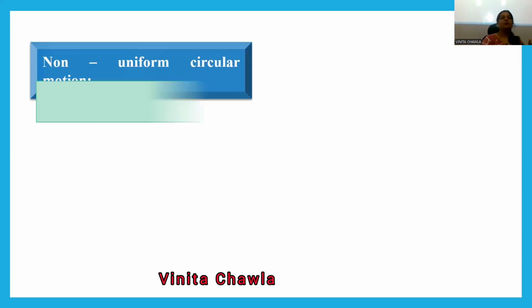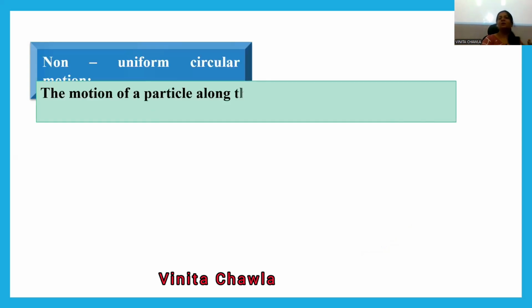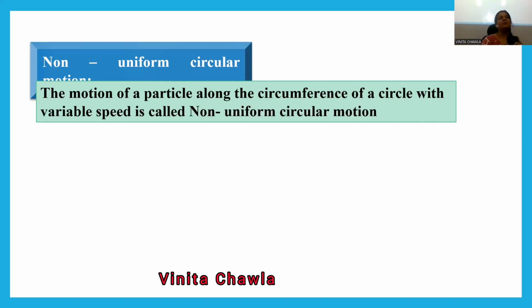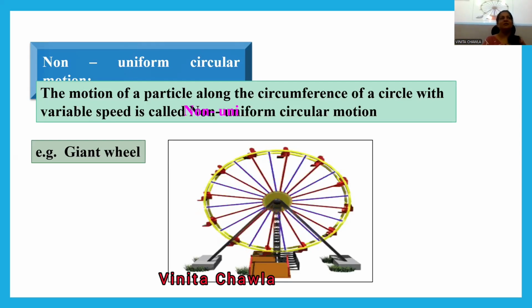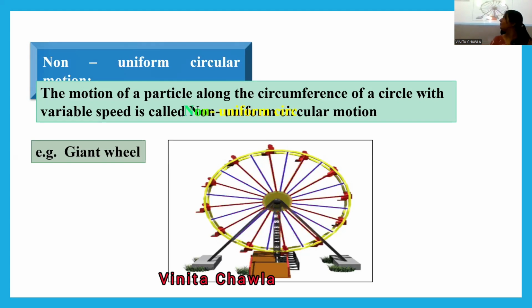And non-uniform circular motion is the one where the object moves along the circumference of a circle with variable speed. If the speed is different at different points along the circumference of the circle, then it is called non-uniform circular motion. Okay, for example, giant wheel. Okay, this is an example of non-uniform circular motion. Please write this.